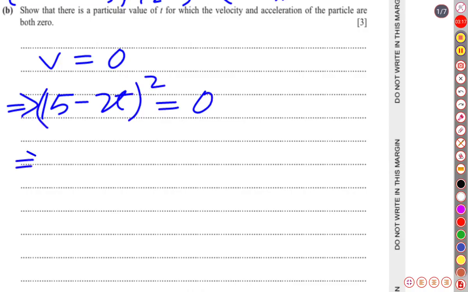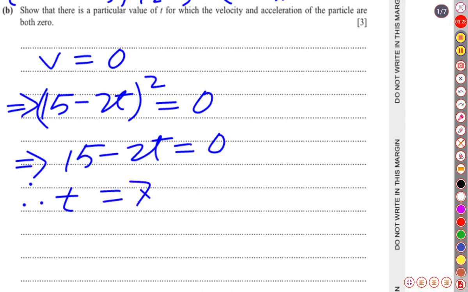That means our 15 minus 2t is equal to 0. Hence our t is going to be 15 over 2, means 7.5. So at 7.5 seconds the velocity was 0, then they have told us to find the acceleration at the same time was also 0.